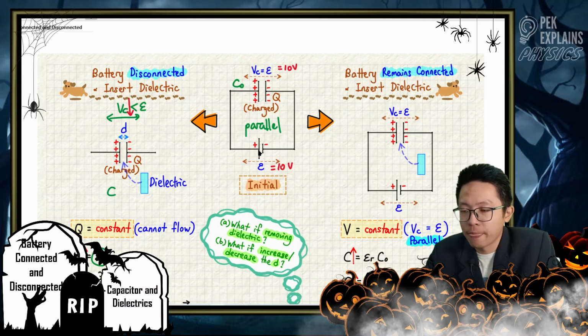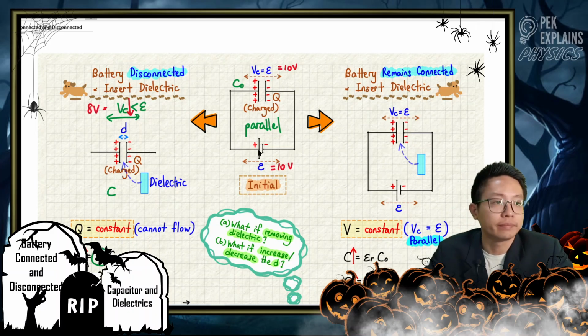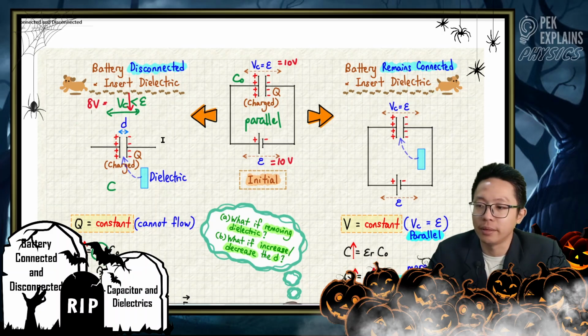But now the capacitor itself is only 9 volt or maybe 8 volt. The capacitor voltage has dropped, from 10 to 8, less than the EMF. Understand?